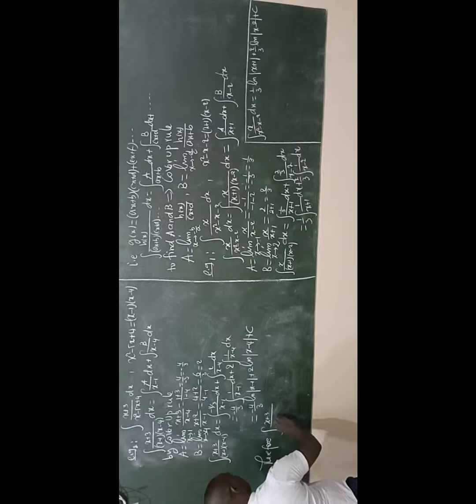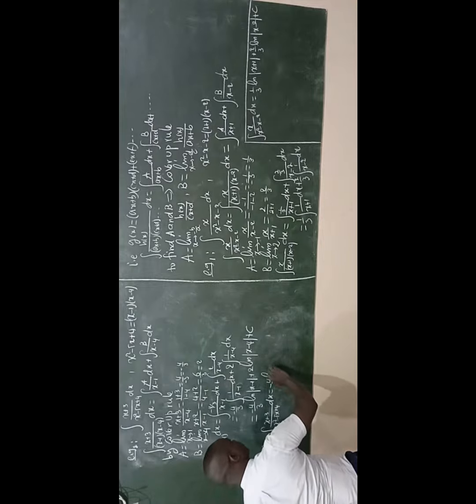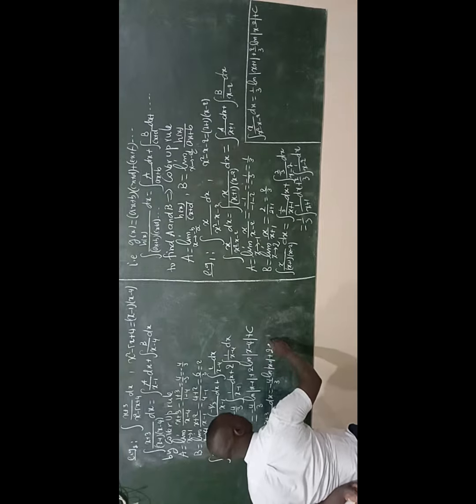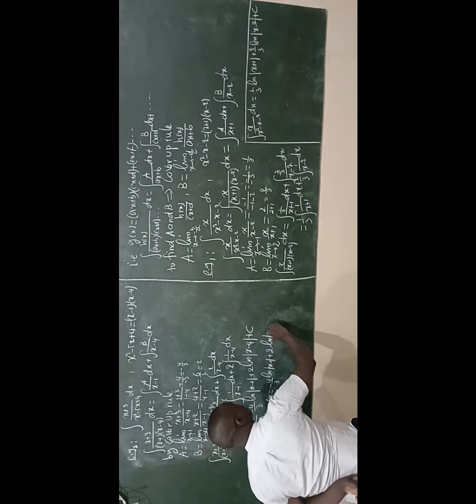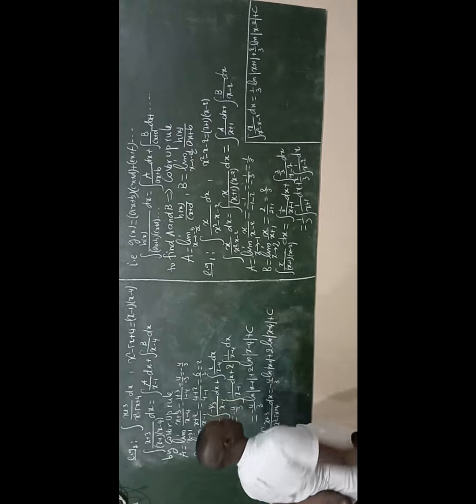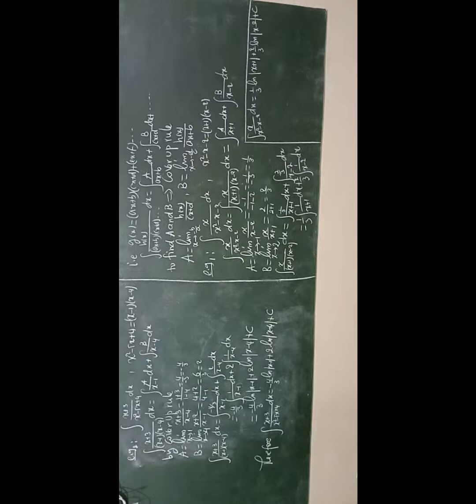Therefore, the given integral of x plus 3 by x squared minus 5x plus 4 dx is minus 4 over 3 times the natural log of x minus 1 plus 2 times the natural log of x minus 4, plus the constant of integration.